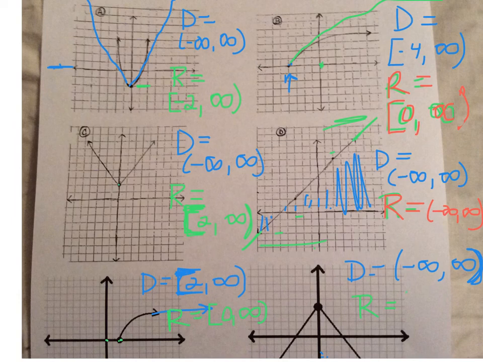So it looks like I'm going to have range all the way to negative infinity. There's no end to the range, but the range stops when I get to 4. There's no function above 4. So this is going to be from negative infinity all the way to 4, but 4 is included.